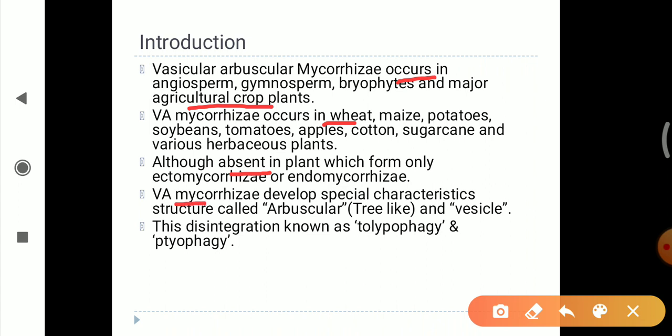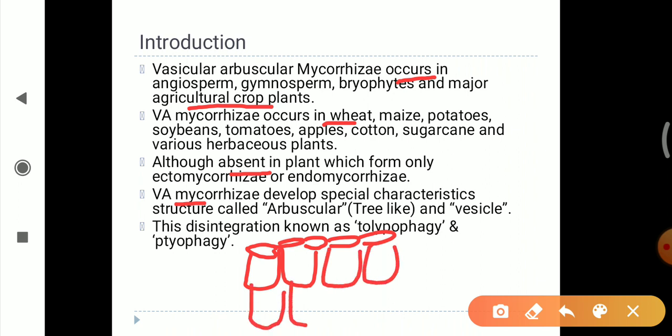VA mycorrhiza develops specially characterized structures known as arbuscules, which are tree-like structures, and vesicle-like structures. As we already know, this is epidermis, then this is cortex. VA mycorrhiza forms the specialized structure like this.